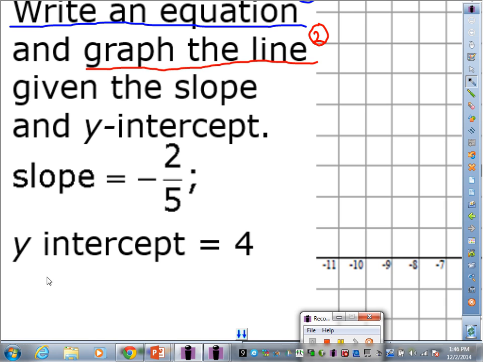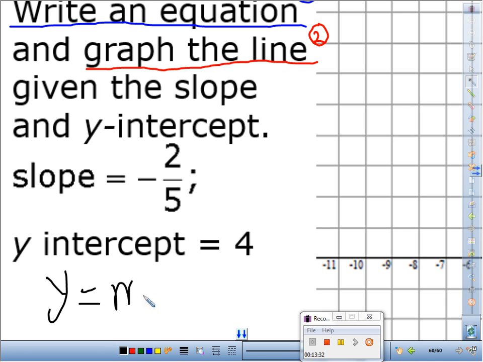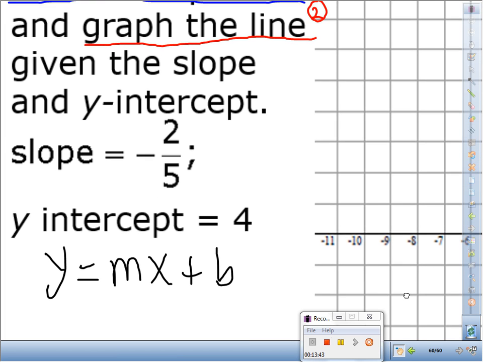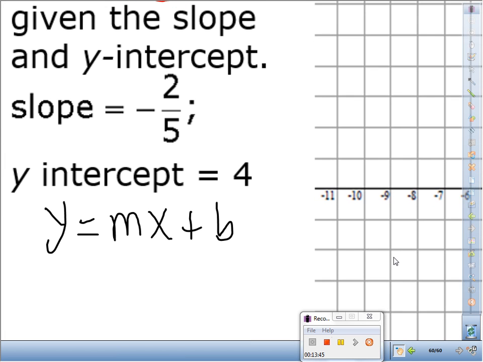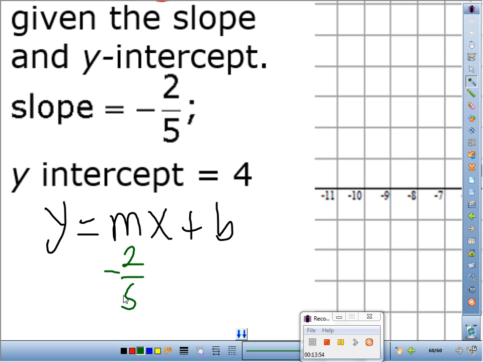So let's write it right underneath. Y equals mx plus b. But the last part of that step 5 says substitute the given values. What are the given values that they give us? The slope is what? So instead of m, we're going to write -2/5.